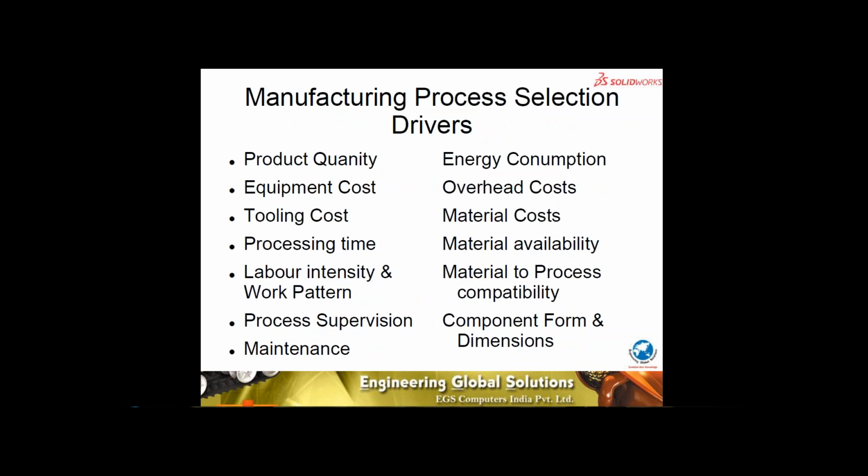The equipment cost needed to develop this, the tooling costs, the processing time, the labor intensity and the work pattern, the process supervision, maintenance, energy consumption, overhead costs, material availability, material to process compatibility, commonization of material between different parts, which also helps purchase get buying power for materials in a whole lot, and the component form and dimensions. These are some of the indicators for manufacturing process selection that drive the DFM considerations.